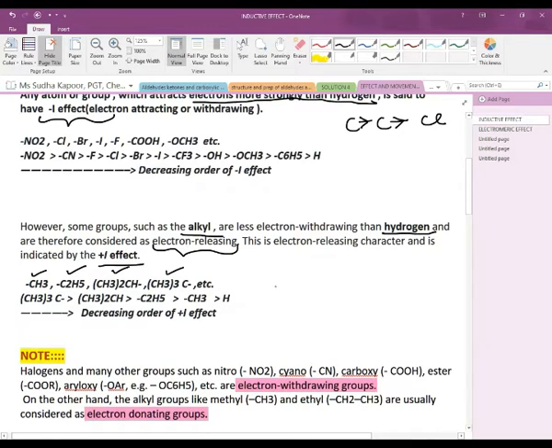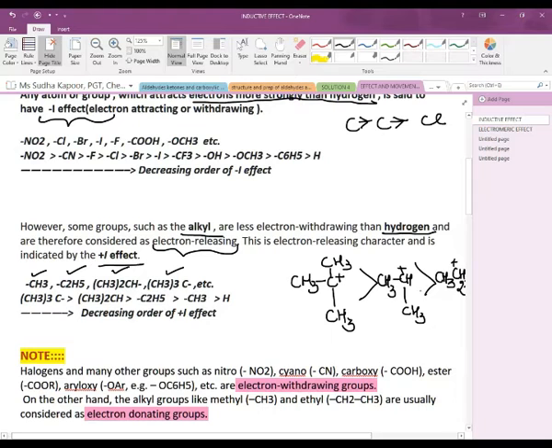You must have remembered that we studied the tert-butyl group in the video on common names. Tert-butyl, then isopropyl, similarly ethyl. So these are 3 degree, 2 degree and 1 degree. These result in the plus I effect, and the plus I effect goes on decreasing in this trend.